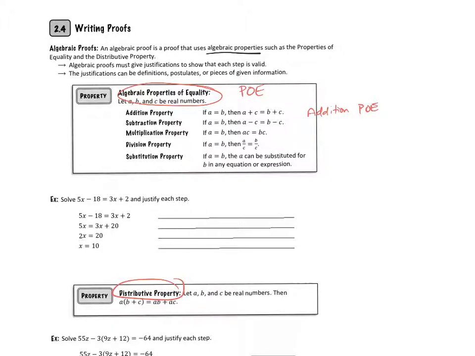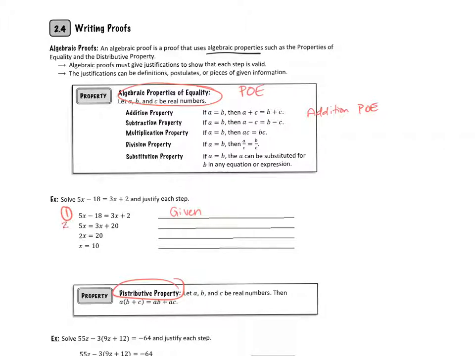These justifications can be definitions, postulates, or pieces of information that you are given in the problem. This can also be drawn through a figure. So let's look at our first example. Almost always, our first step, and you may want to start numbering these, should be that it is given. If it's a given, that's all you have to say.